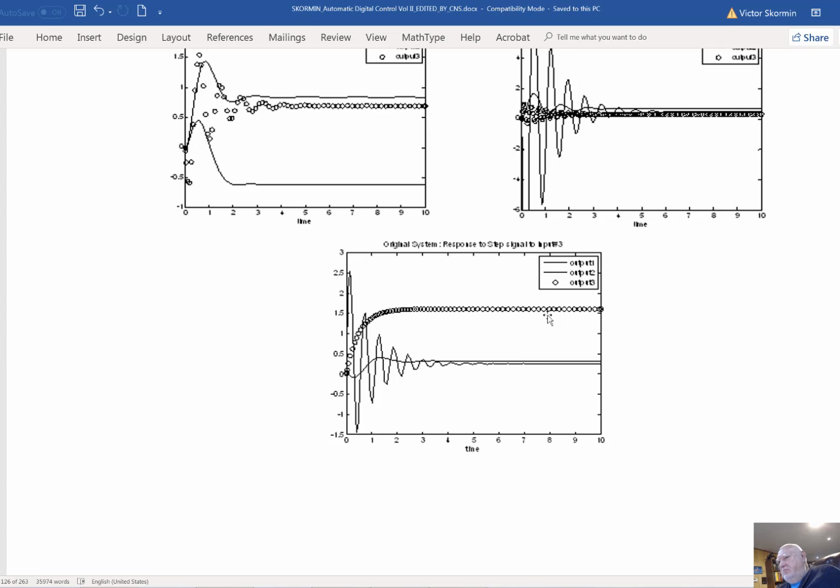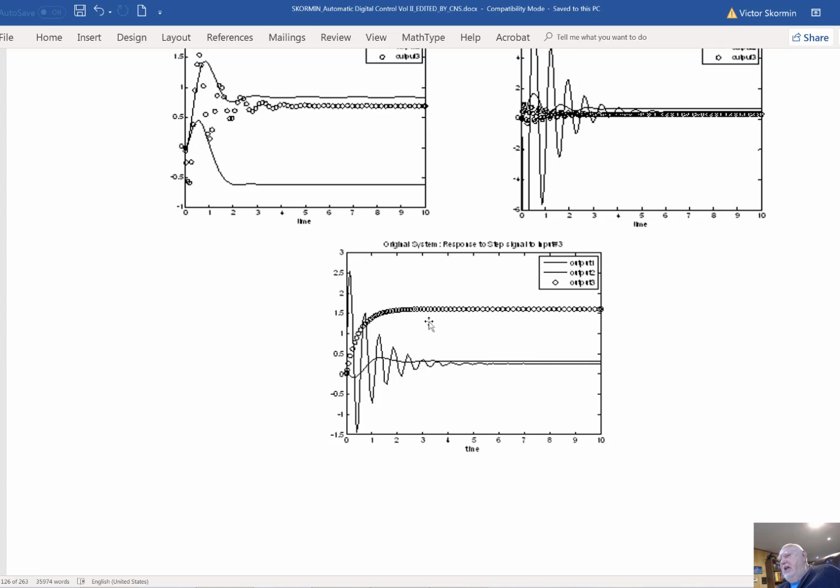However, as time approaches infinity, in the output number 1 of this system, the controlled variable number 1 settles exactly to the value of 1.5. All other two controlled variables show some oscillatory transient processes, but then they settle to 0.